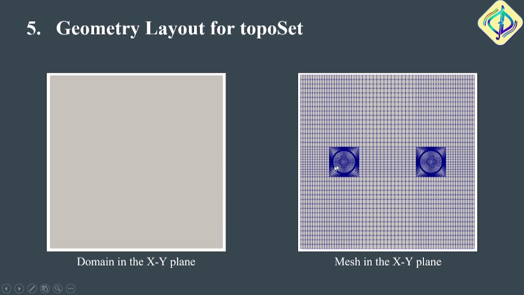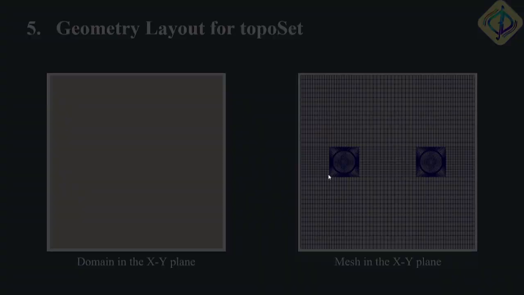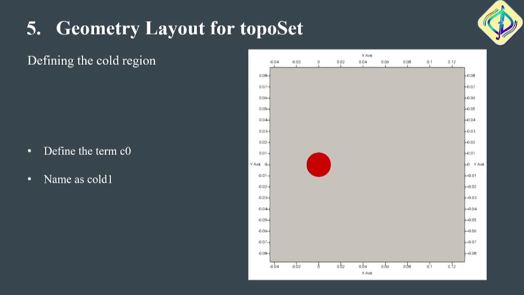Just keep in mind where exactly the pipe zones and the cold region are. The very first thing we'll do is define the cold region. In this case, I'm defining the left cold region, that will be cold one. We'll name it cold one and define this term as C0.